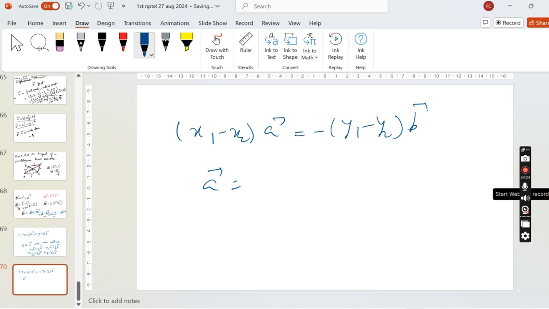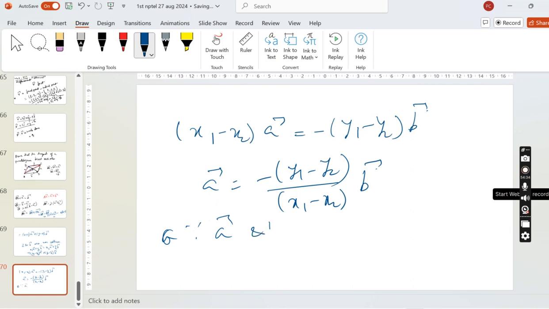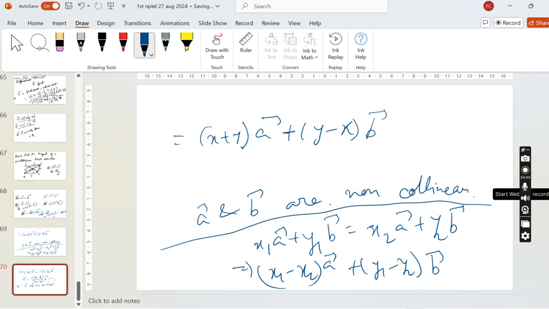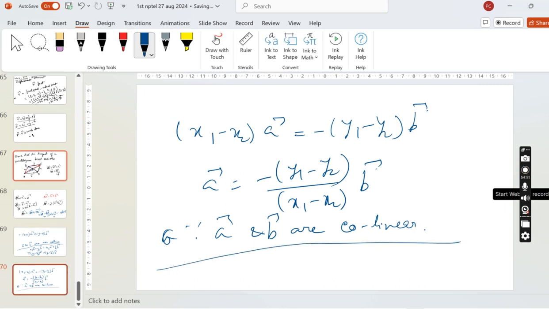So a is equal to y2 minus y1 by x1 minus x2 b, hence it proves a and b are collinear. It happens when a and b are collinear. But here we can see that a and b are non-collinear.